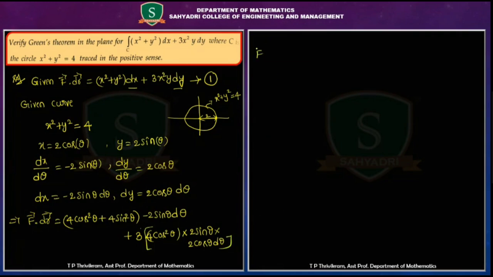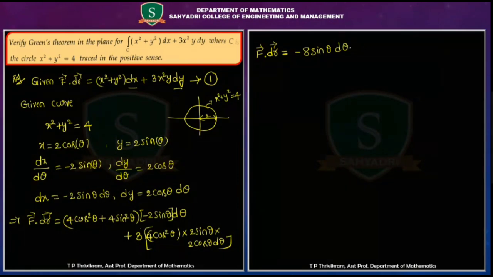So let us write the simplified version of f dot dr. Here cos square theta plus sin square theta is 1. So if you take 4 common, you'll get 4 into 1 into 2, so overall minus 8 sin theta d theta.